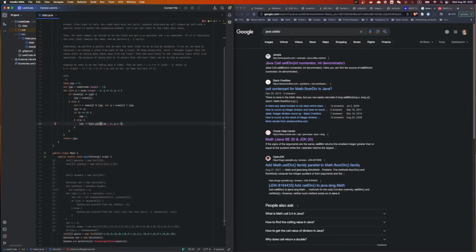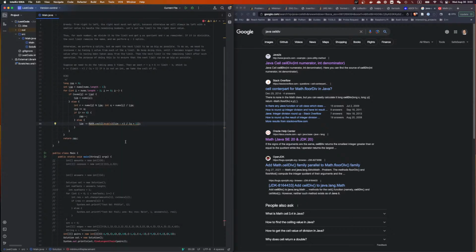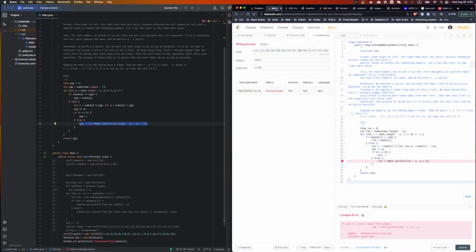That's fine, we can do ceil of a double of this, and then we'll int this thing, because I saw the implementation. Okay, so that one works.